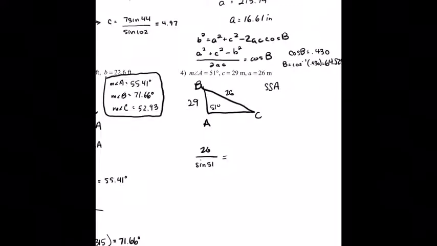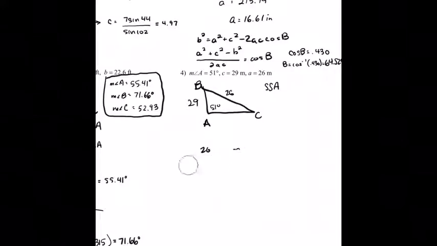and the only other side we know is this one. So 29 over sine C. So I'm actually going to flip these around. It's easier to solve an equation when the variable is in the numerator.